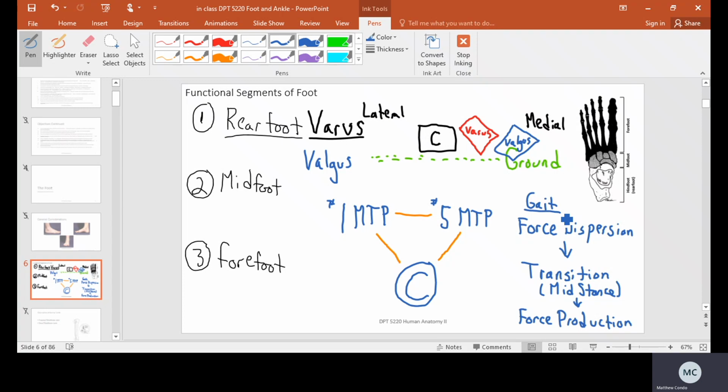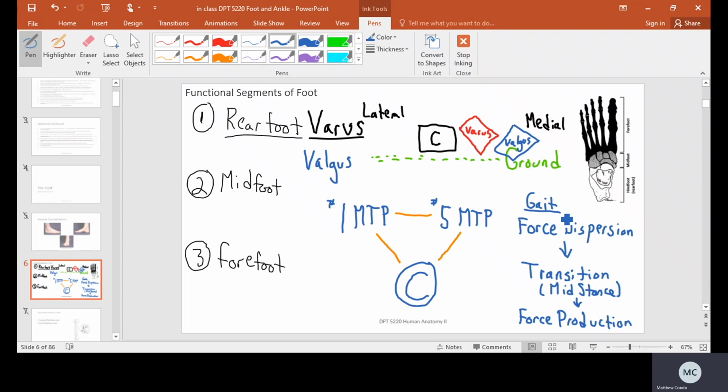I need to create as stable a surface as I can to produce the most amount of force that I can. Does that make sense? And this is going to happen not only when we walk in the sand, and the sand is kind of an extreme example, but just when we walk down the hallway in this building, or out to your cars, or around your apartment, or whatever.